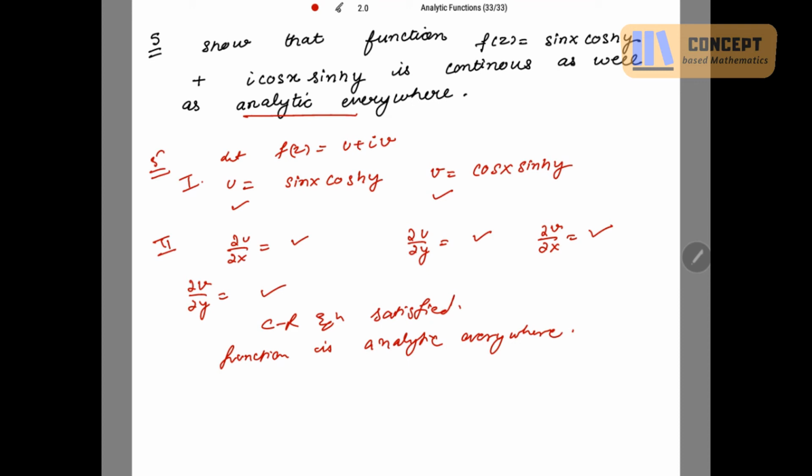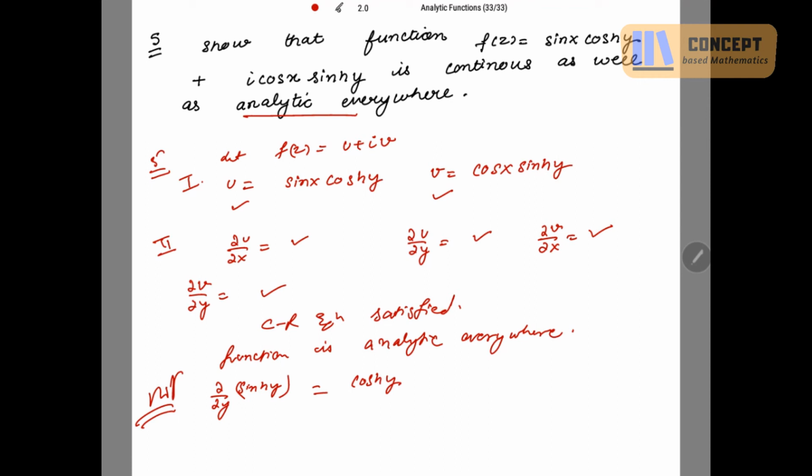Do you know the derivative for the hyperbolic functions? Derivative of sin hyperbolic y is, this is your hint, this is cos hyperbolic y.